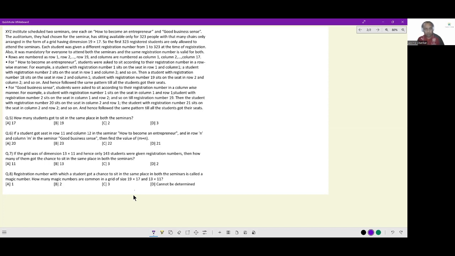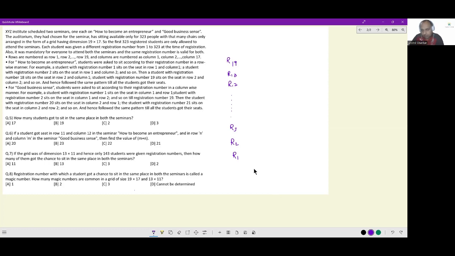Rows are numbered as row 1, row 2, row 3, and so on, and columns are numbered from column 1, column 2, up till column 17. So there are 19 rows and 17 columns. So we have, let's say, row 1, row 2, row 3, keeps on going up until row 17, row 18, row 19.